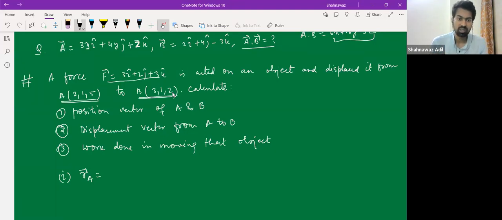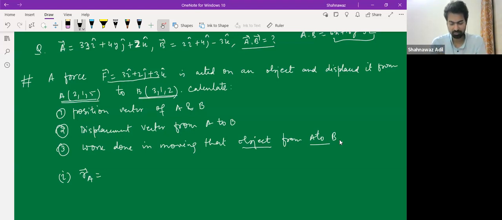The third question is work done in moving that object from A to B. Because the object is displaced from A to B, there must be some work done on that object, right? Yes, sir.